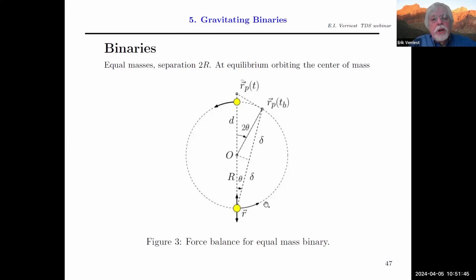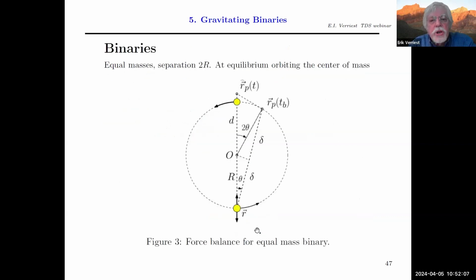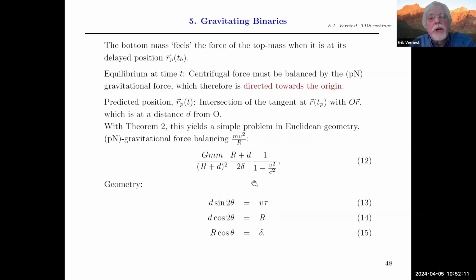And so if we look at the equations, here is again the balance between the gravitational force, the post-Newtonian gravitational force, and the centrifugal force. Then we have simply these geometric equations. So I have to do some high school geometry here, but nothing involved.